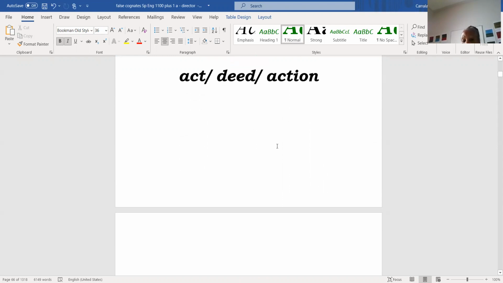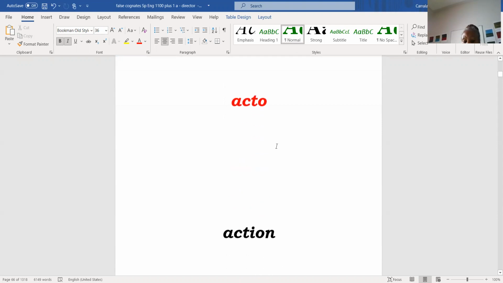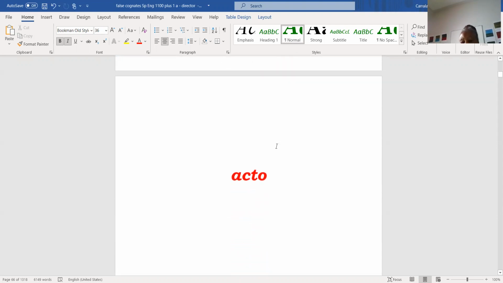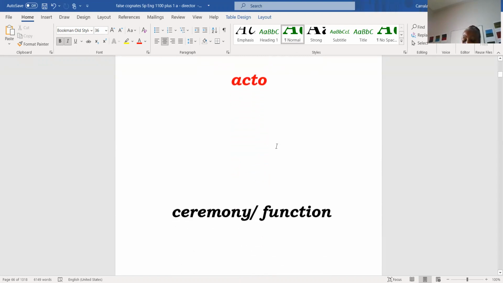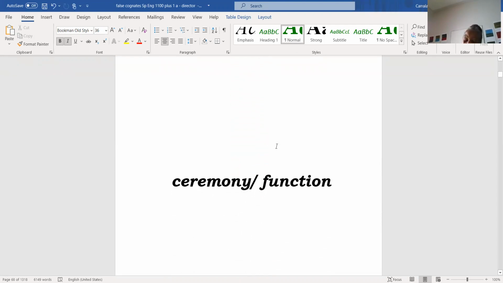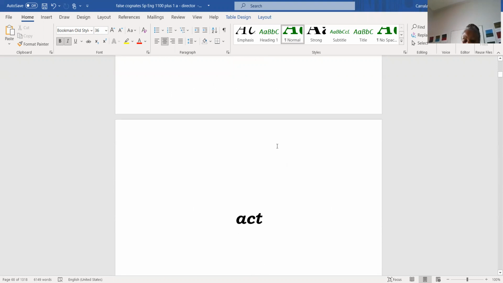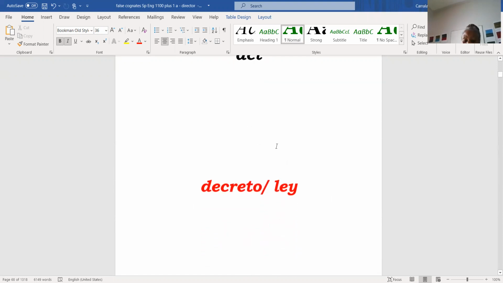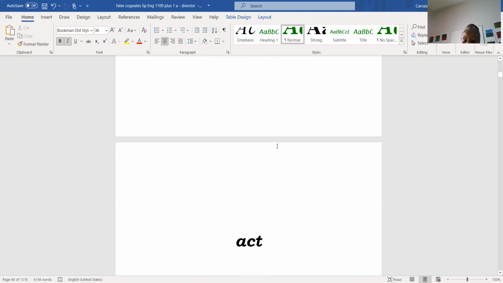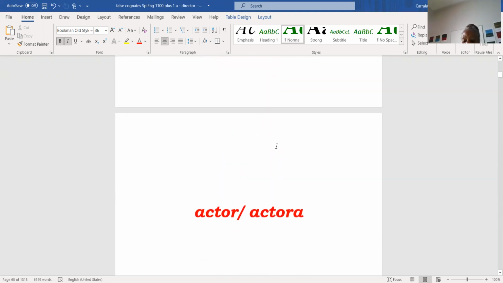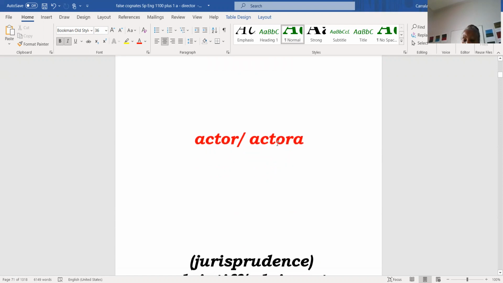An act, now here is a true cognate. Now you're getting into more, no, we don't use it this way in English. You can see they're entirely different words. Actor, actora.